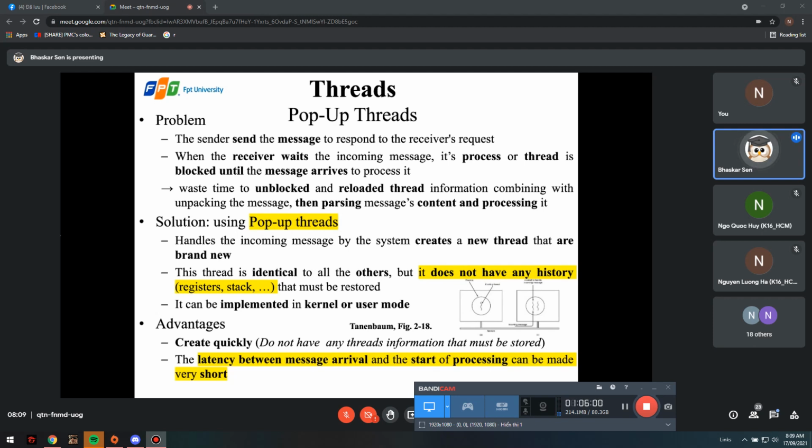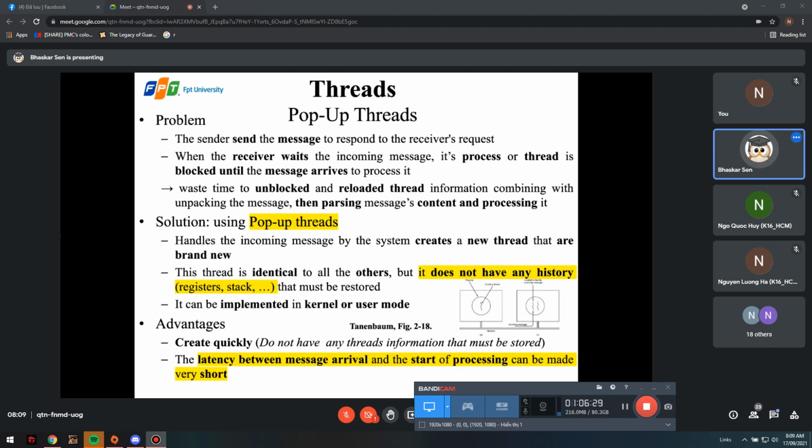Now it is time for them to do something else. That means to decide which is the next process, which is the next thread that will be scheduled on the CPU. So essentially, that is how it all runs. The latency between message arrival and the start of processing can be made very short. There are lots of benefits because of which we use the pop-up thread.